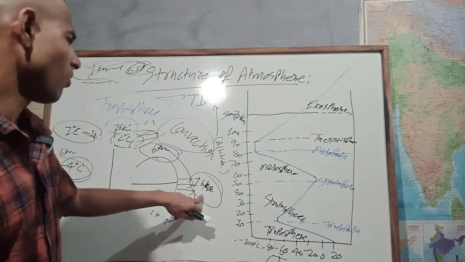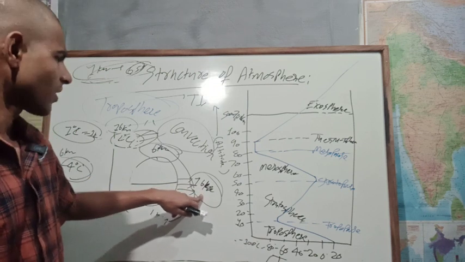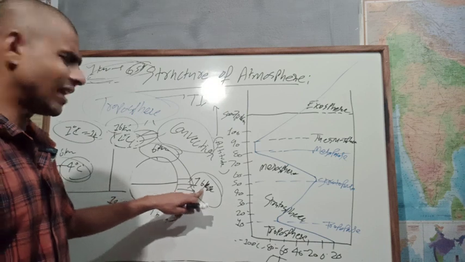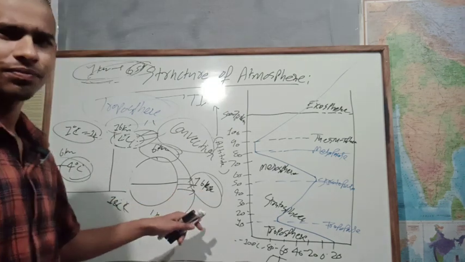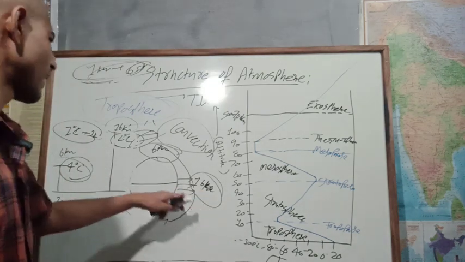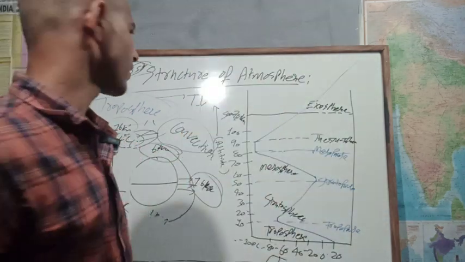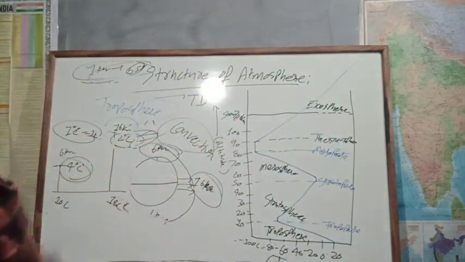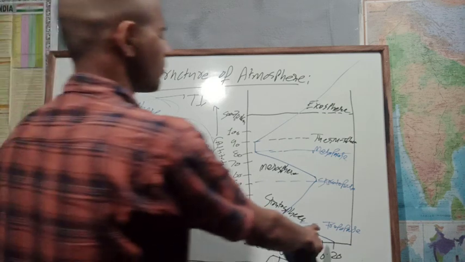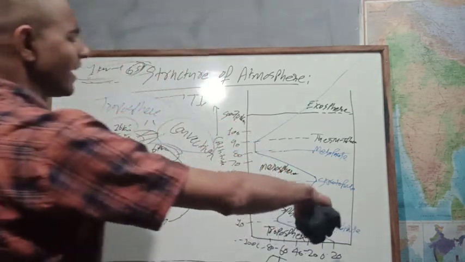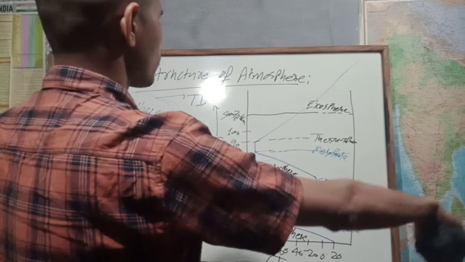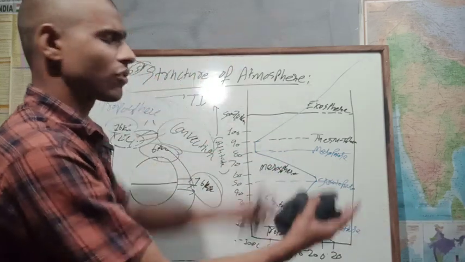Did you understand why the equator has a much higher tropopause as compared to the poles? Because of convection, vertical rising air. So this is all about the troposphere. And there is a boundary layer called the tropopause that separates the troposphere and stratosphere.